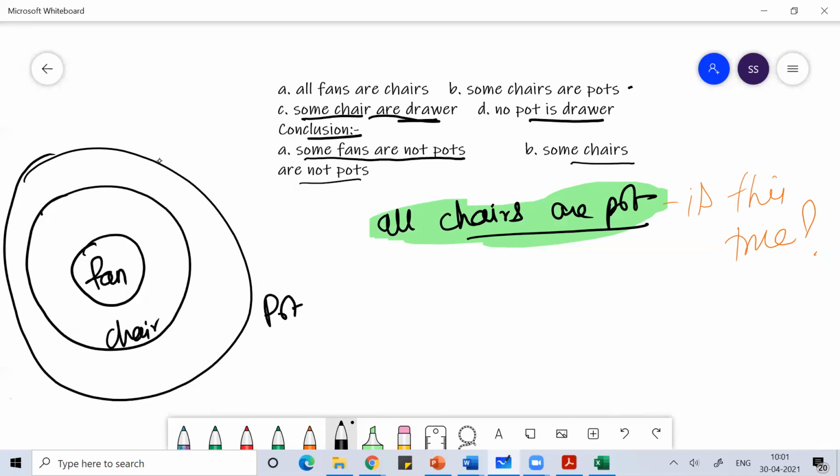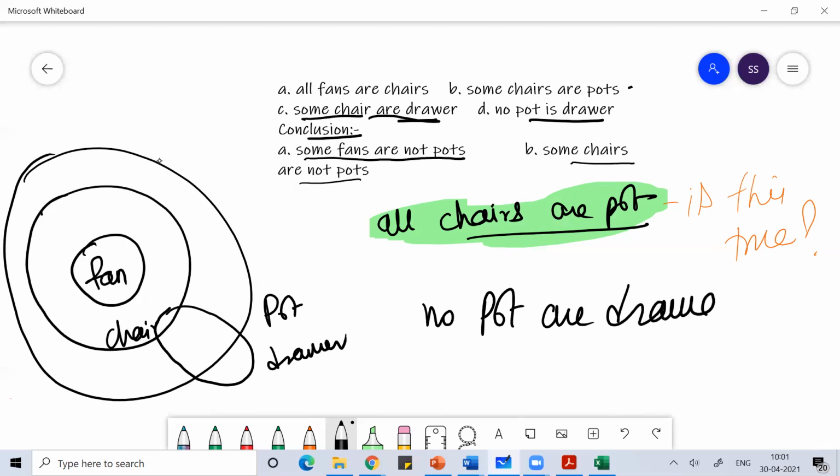Now if I draw drawer, then drawer should touch chair. And if the drawer touches chair, then pot and drawer, like no pot should be drawer. You understand? No pot are drawer.